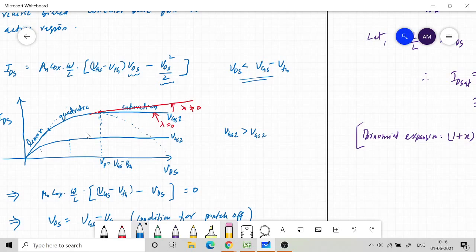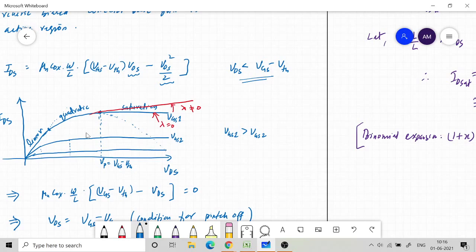Okay, so you can see that the saturation current depends upon the VGS values. As VGS increases, the saturation current also increases. So you can draw multiple curves. That's what we did yesterday, but the saturation point will happen earlier and earlier.